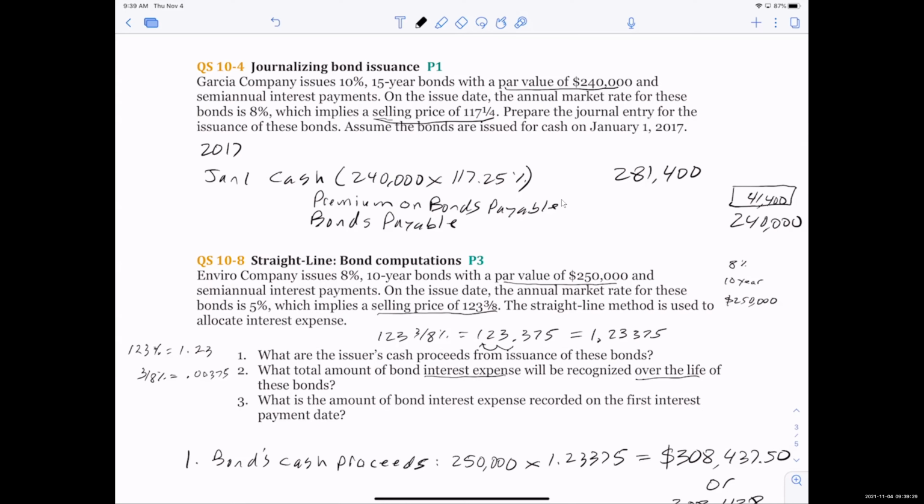Now remember, premium on bonds payable this time is going to be a credit, in this case of $41,400. It's the difference between how much we received and how much we had to pay back. It's interesting that when you have a bond, you allocate or amortize. Can I just say amortize? I don't want to scare you, but you guys kind of get the picture.